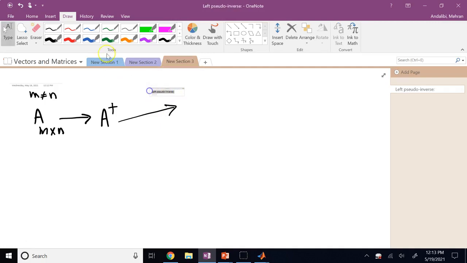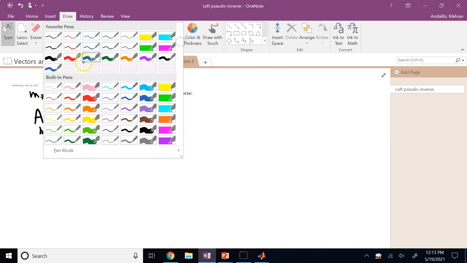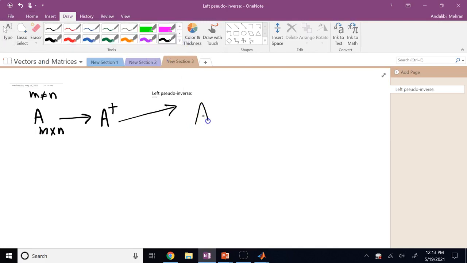If it's left pseudo inverse, then it means when you multiply this A plus by A like this, the result is going to be the identity matrix.